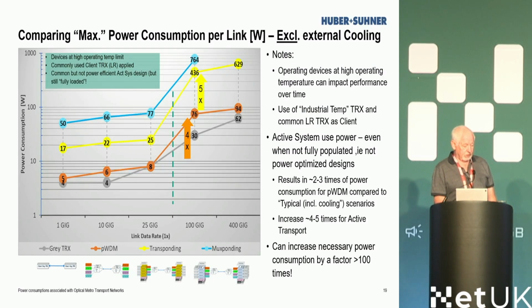So this is now the maximum as per the data sheets. So are you engineering your access networks based upon what the data sheets are showing versus what you're actually using in your access nodes?